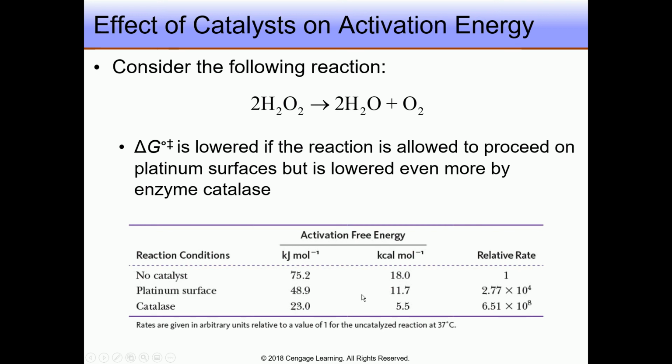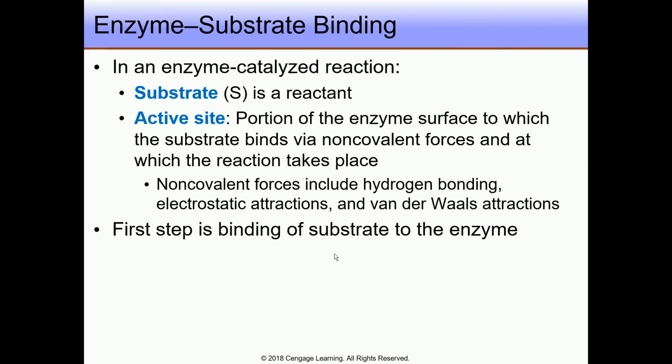And if the inorganic catalyst is there, which is platinum surface, it's 11.7 kilocalories. But if the enzyme is there, in this case, for this reaction, the enzyme is the catalyst, the activation energy required is 5.5 kilocalories per mole. So this basically shows us how the presence of the enzyme can lower the activation energy.